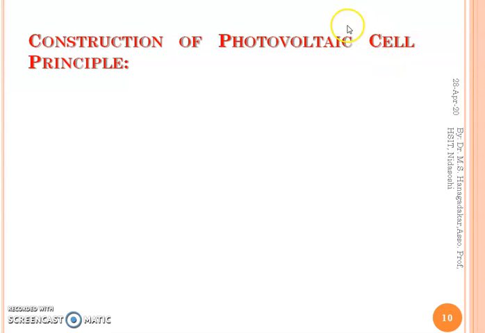It is based on the principle of the photovoltaic effect, the phenomenon that takes place in the generation of electricity in photovoltaic cells, or you can say the solar cells.